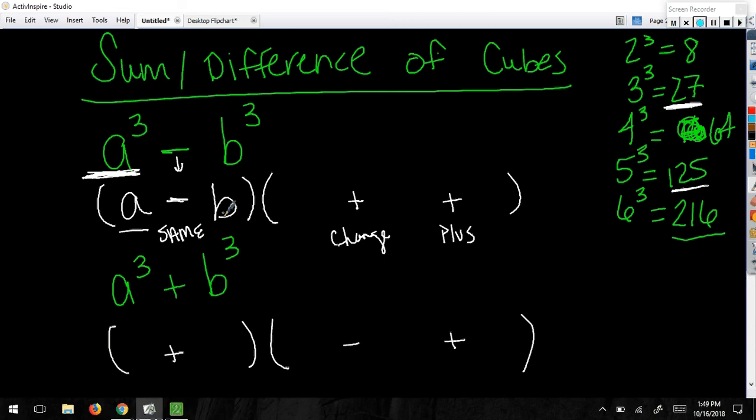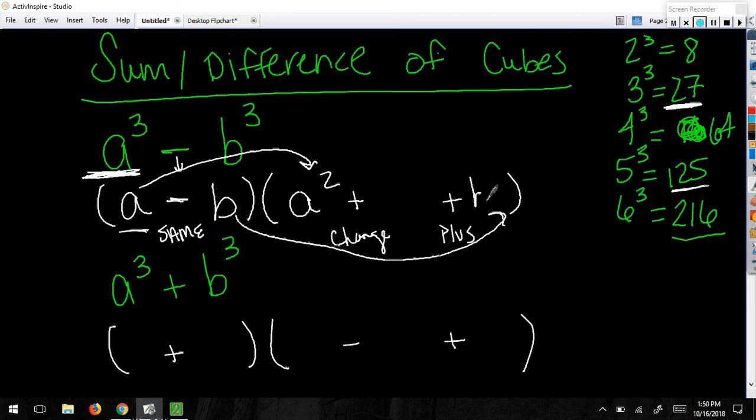All right. First number, or first term, goes in the first spot, squared. The last number goes in the last spot, squared. And the middle multiplies them together.